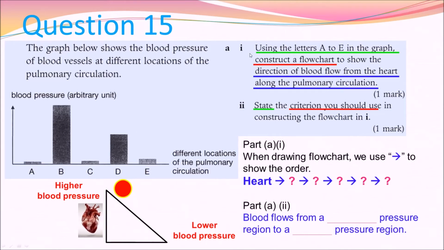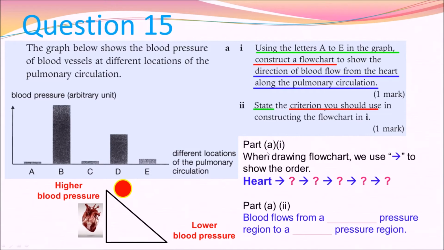So part A1, using the letters A, B, C, D, E in the graph, construct a flow chart to show the direction of the blood flow from the heart along the pulmonary circulation. I give you the starting point, heart first.